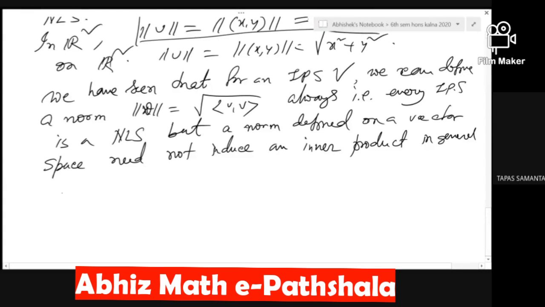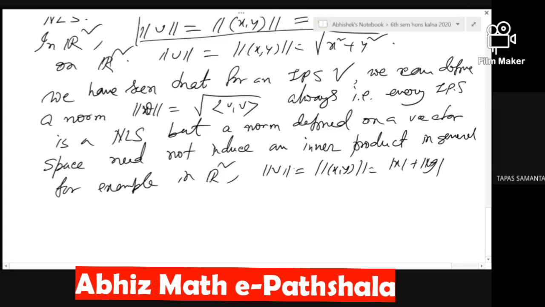For example, in R2, norm of v equal to norm of the point xy, that is mod x plus mod y, will not induce an inner product.